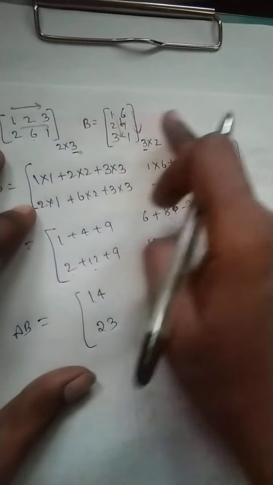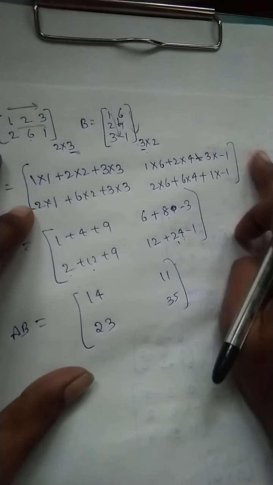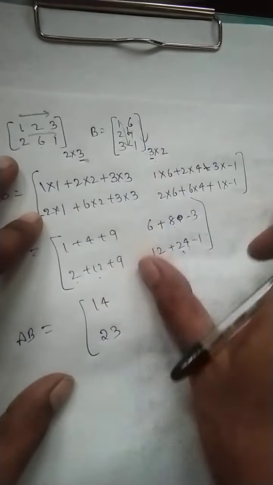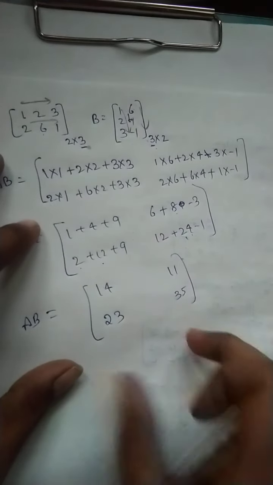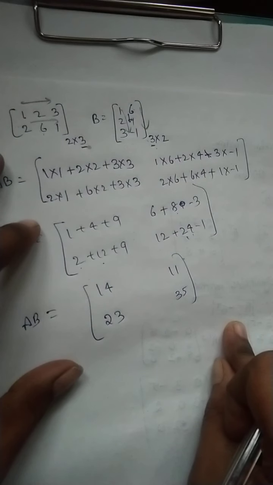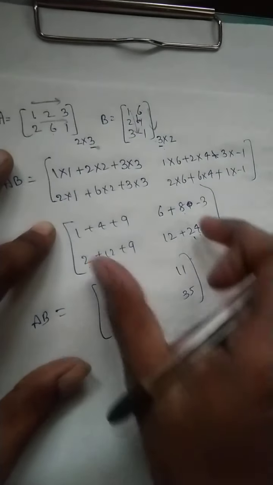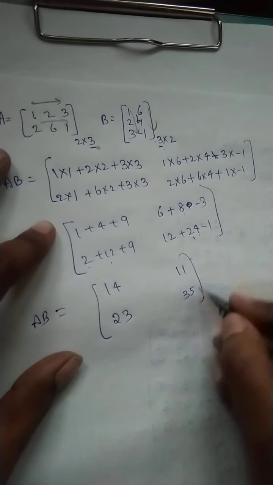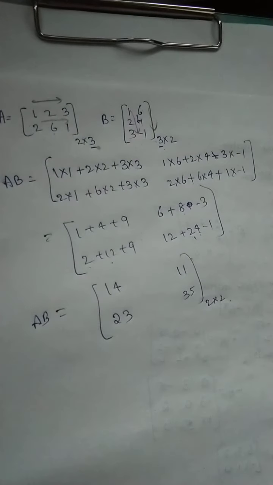First row, first 3 values with the first column. One more column will be row 1 into column 3. Okay, 3 into 3 matrix you will get. After solving it will be 3 into 3 rows. Okay. So see, after multiplication your order is 2 into 2. Right. So this is how the multiplication was done.